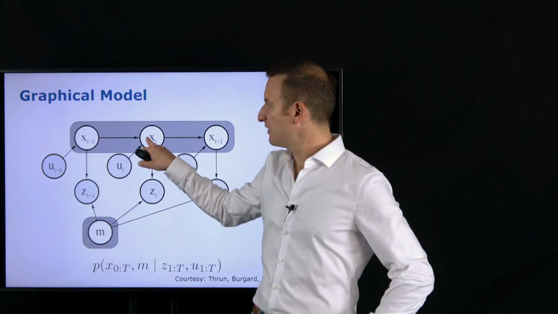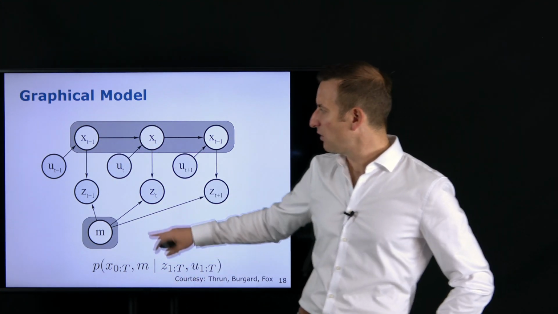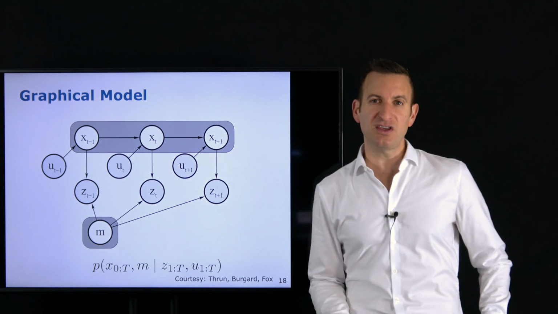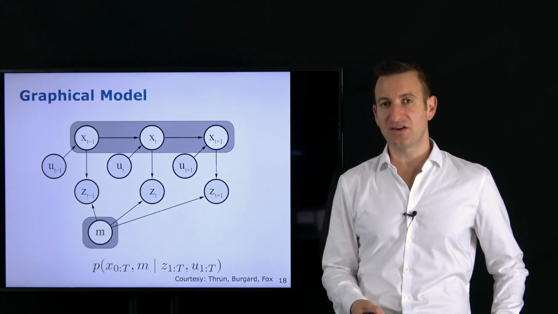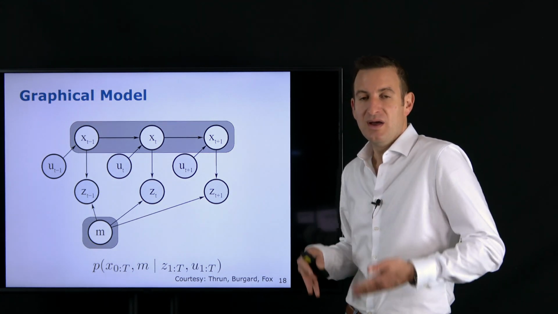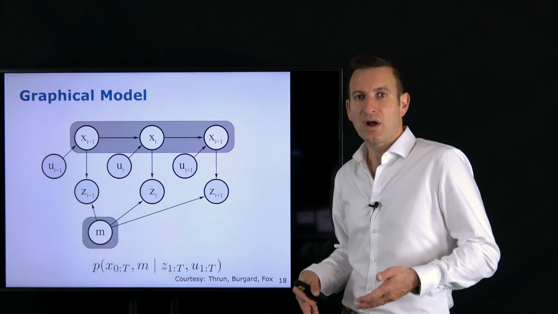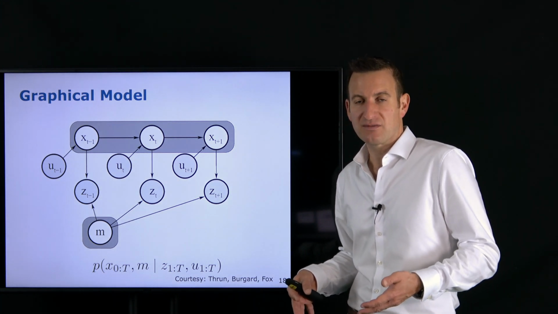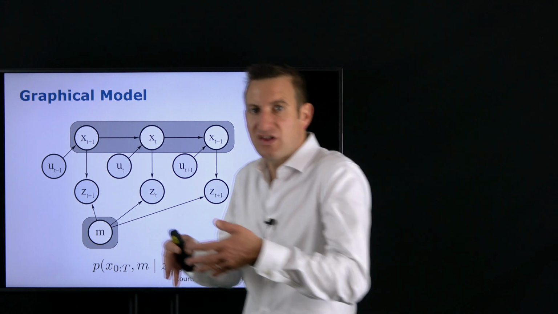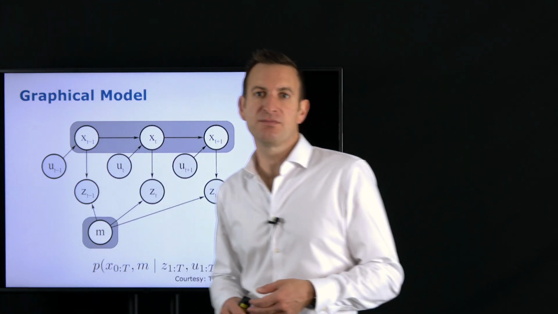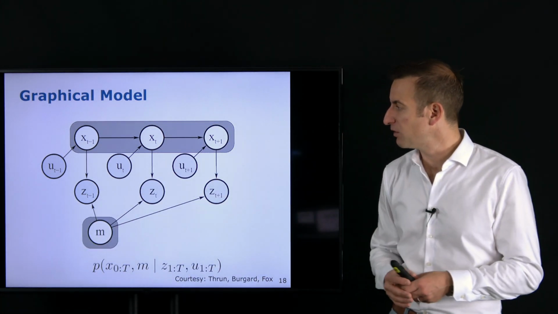But also the odometry command, so what has been executed, is important information. If you know that I'm here right now and I command to go 1 meter forward with 1 meter per second, for example, I know that I will be somewhere over here at the next point in time. And this is something that I can exploit in here.